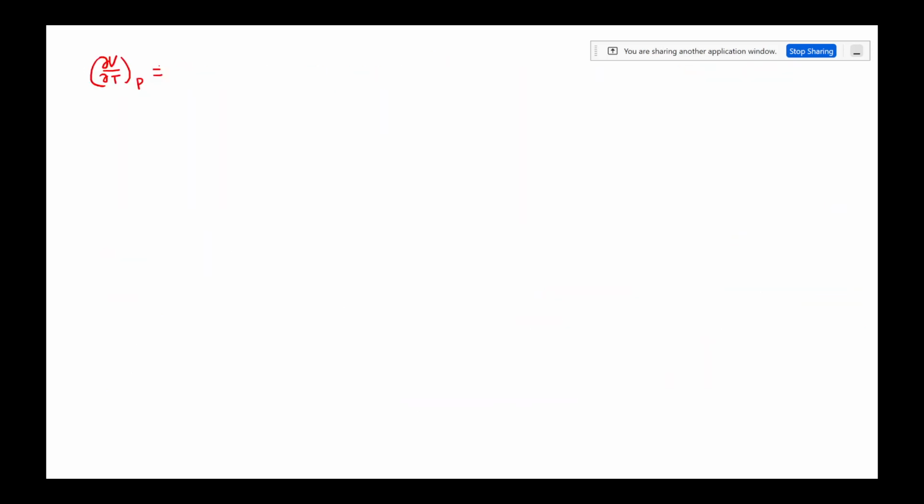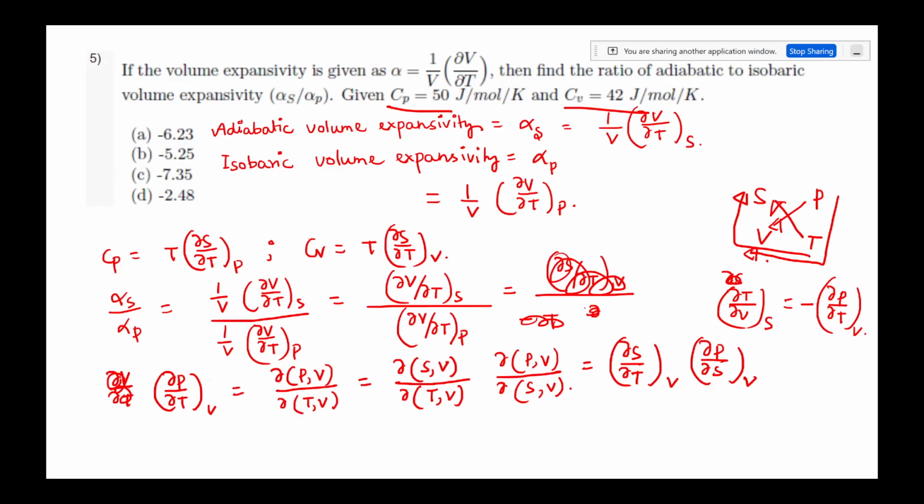So del V del T P is there. Let's not worry about this thing. Okay. So here we got one expression PSV, this expression.